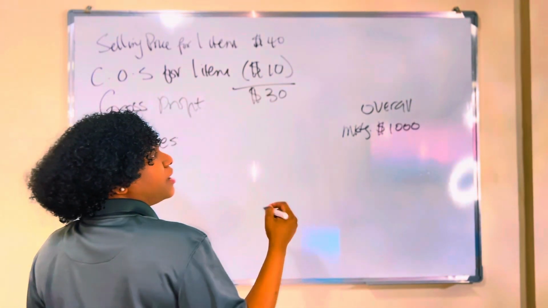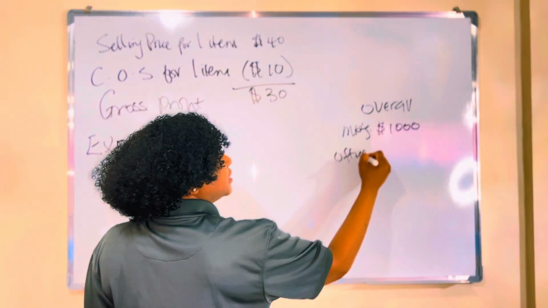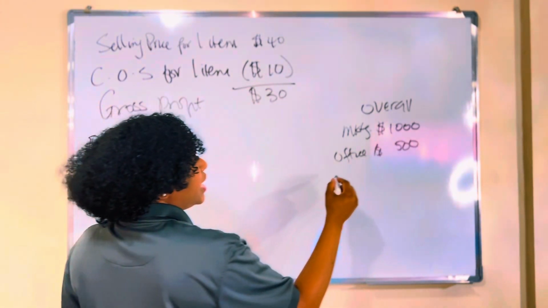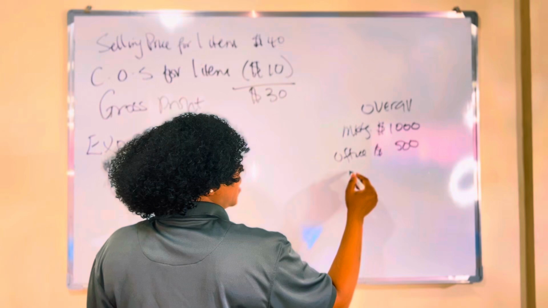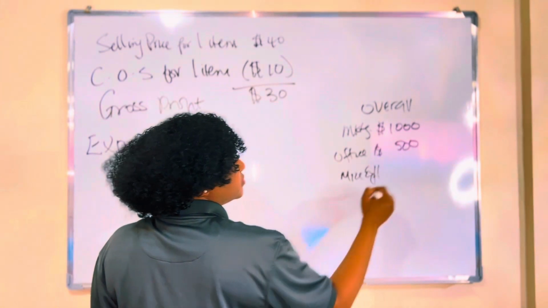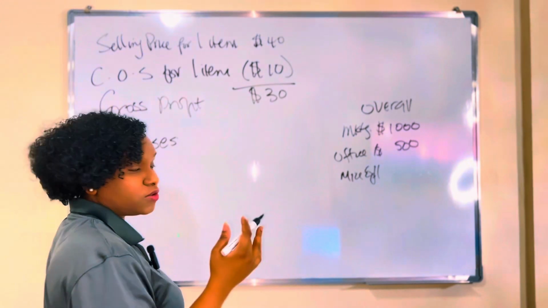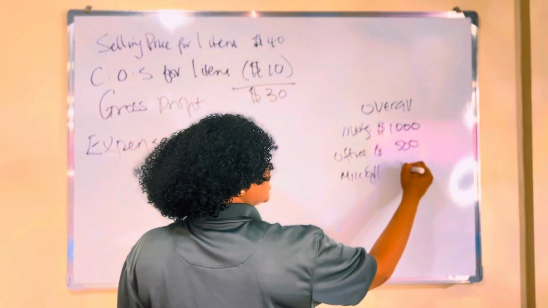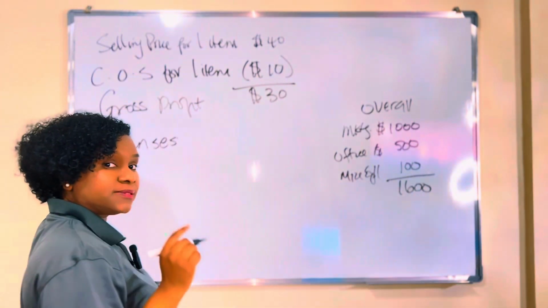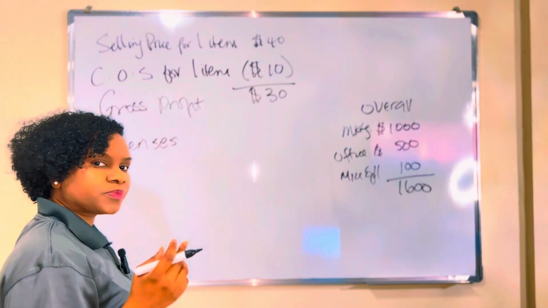Then you may have office expense, $500 overall. Then let's say you have any other miscellaneous expenses like subscriptions like Shopify and all of these different things. Let's say that's $100. So that's $1,600 is your overall expenses per month.